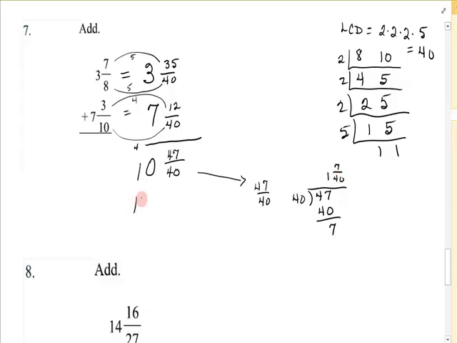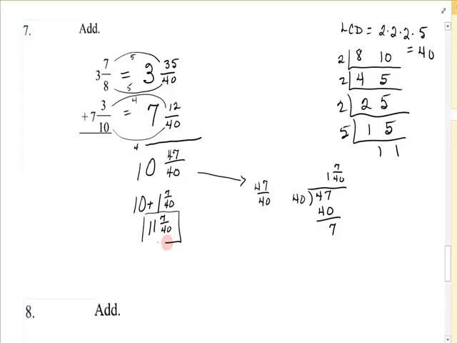Back to the problem, I have 10 plus 1 and 7/40. In other words, I have 11 and 7/40. That is my final answer.